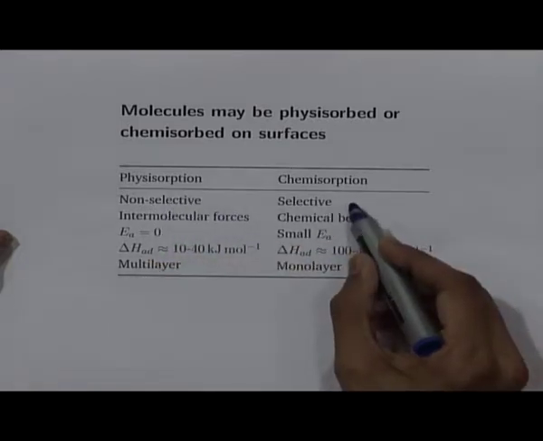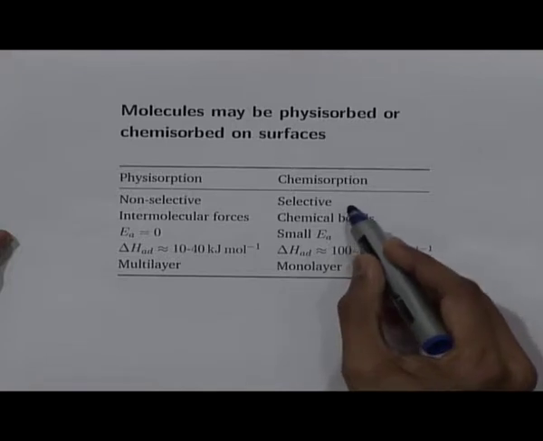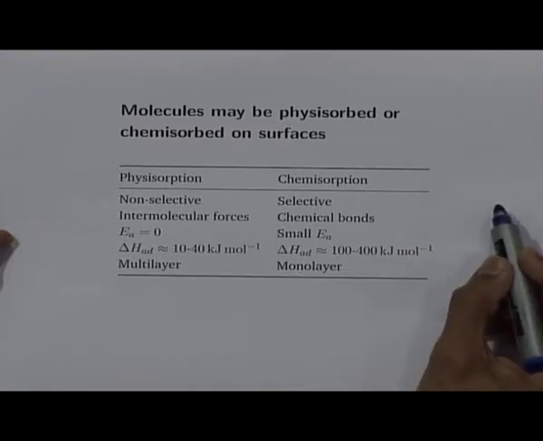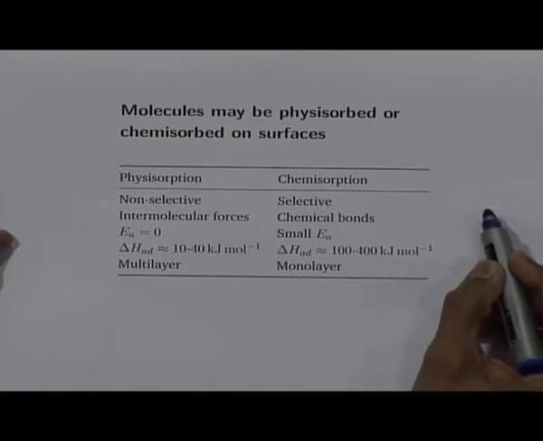Chemisorption on the other hand is a selective process, which means that some gases or liquids will not adsorb on some adsorbent. Okay.